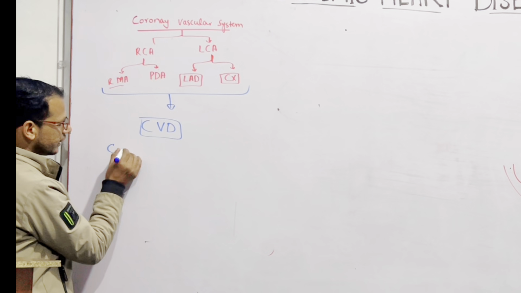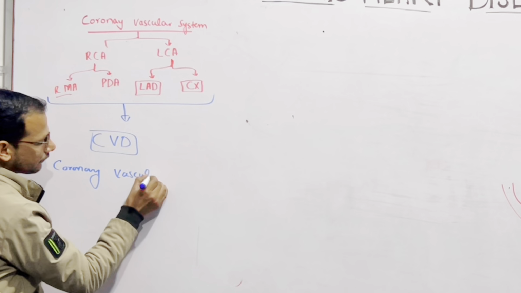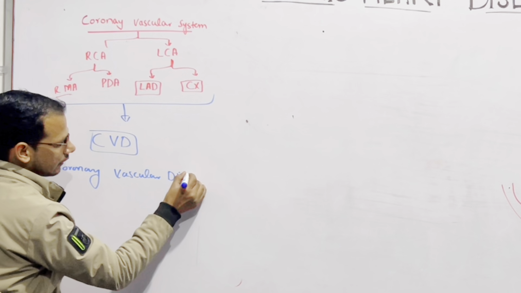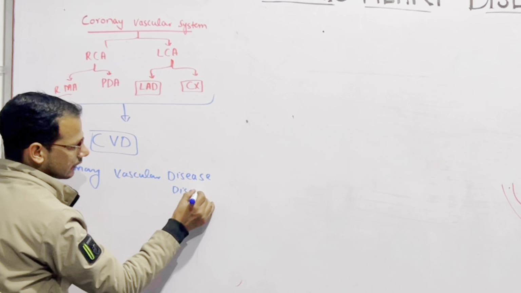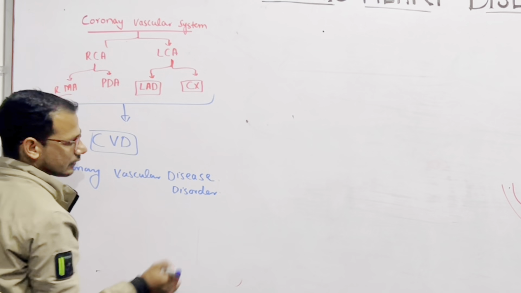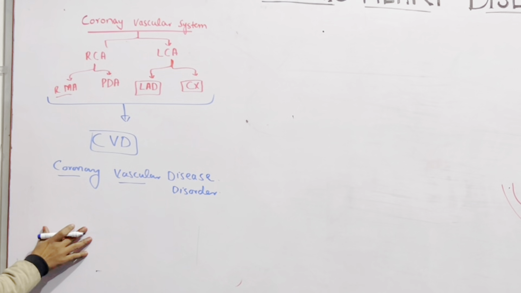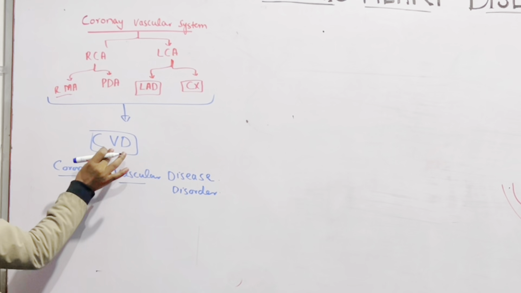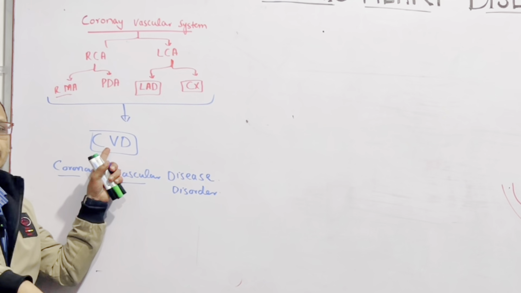CVD means coronary vascular disorder or coronary vascular disease. Ischemic heart disease is a type of CVD.